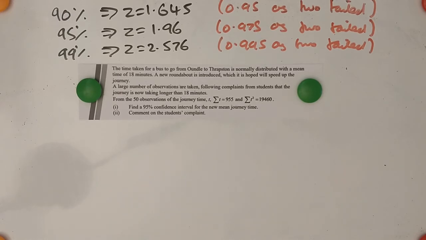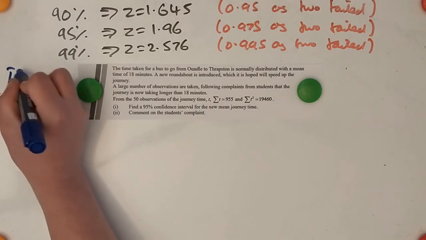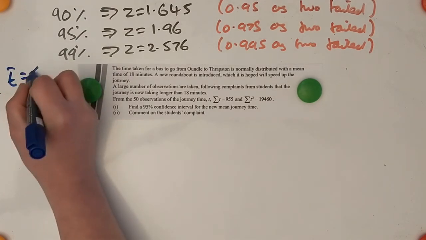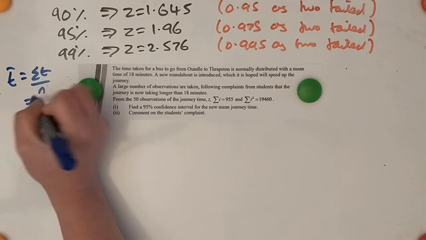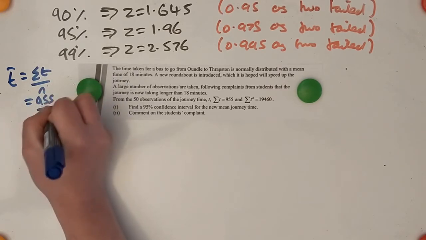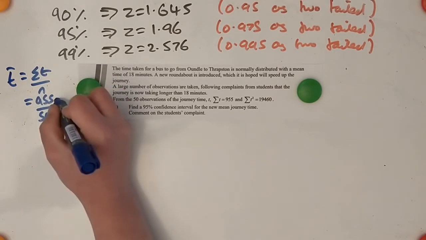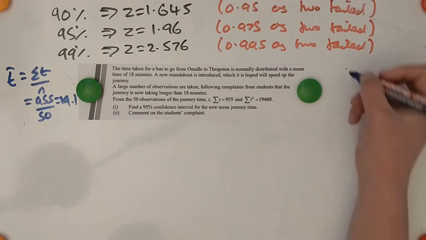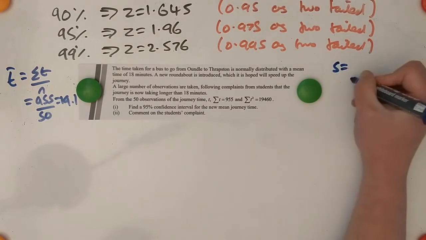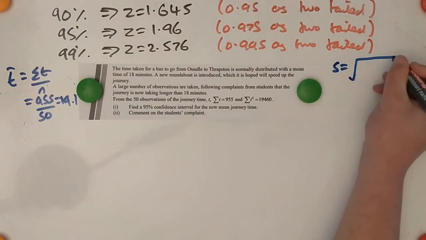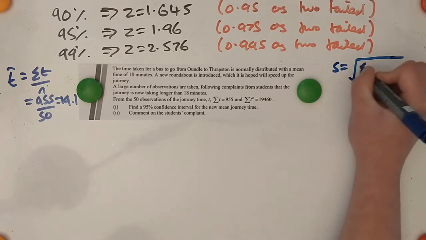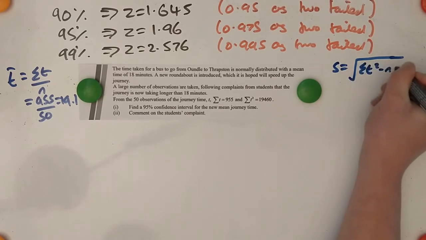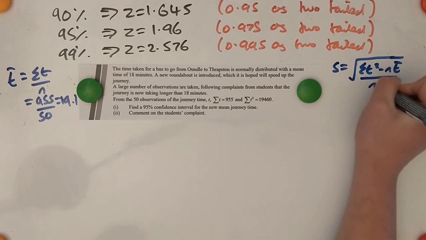So I need to work out some values. First I'm going to work out t bar, which is just sum of t over n. So that's 955 divided by 50, or 19.1. Now I need to work out my sample standard deviation again. We should remember the sample standard deviation formula; if not, it's in the formula book. That's the square root of sum of t squared minus n t bar squared, over n minus 1.